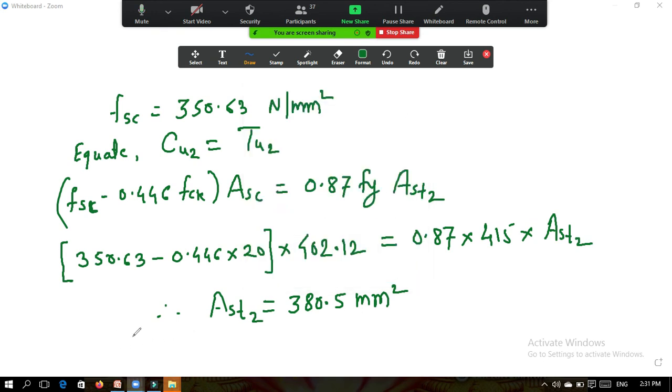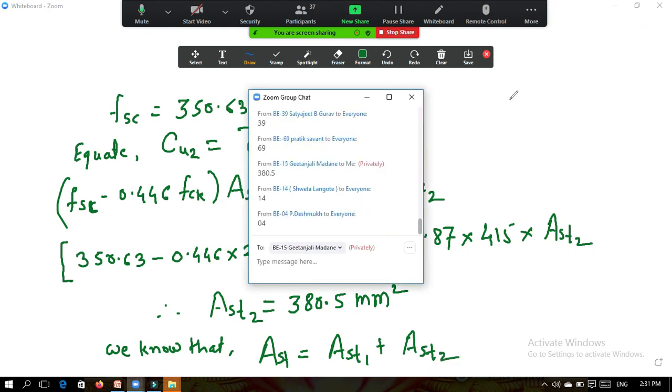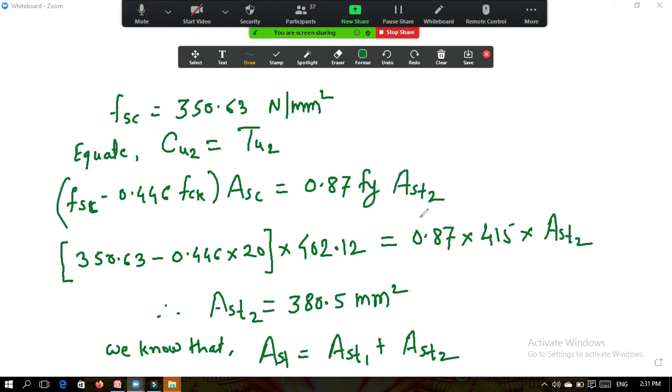So total area of steel. We know that total AST is equal to AST1 plus AST2. So we know the value of AST.